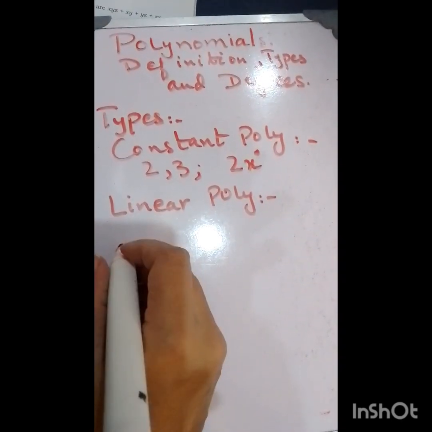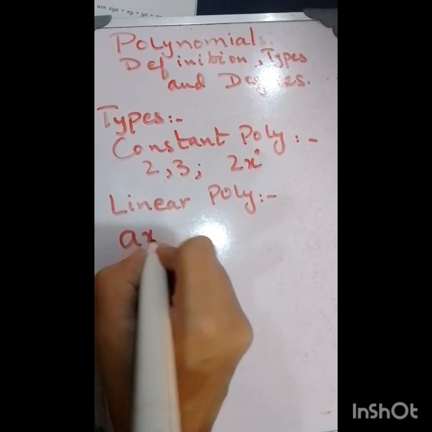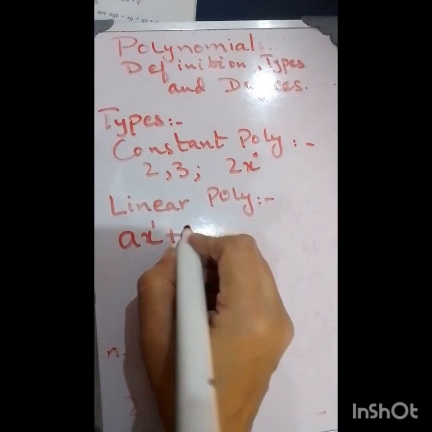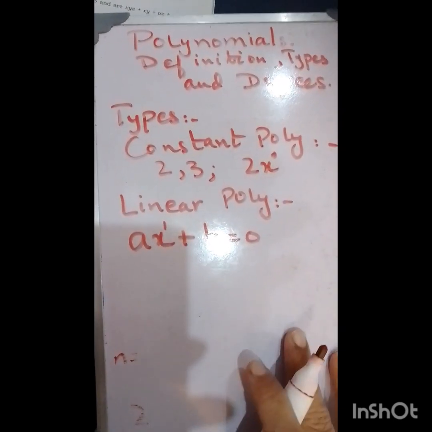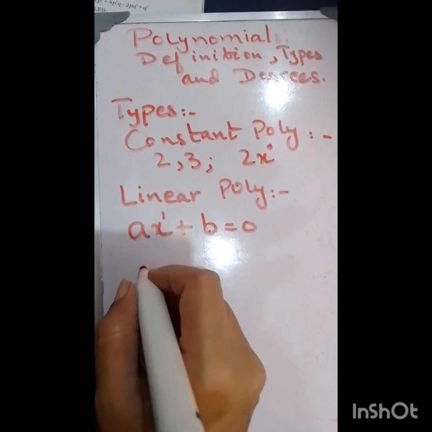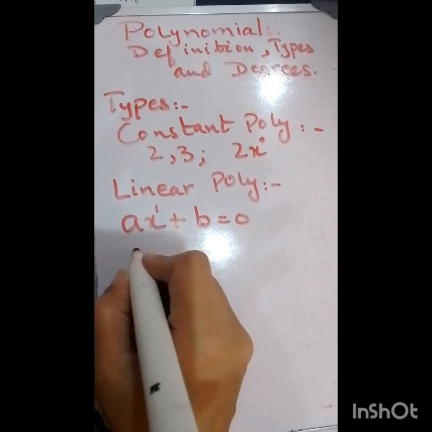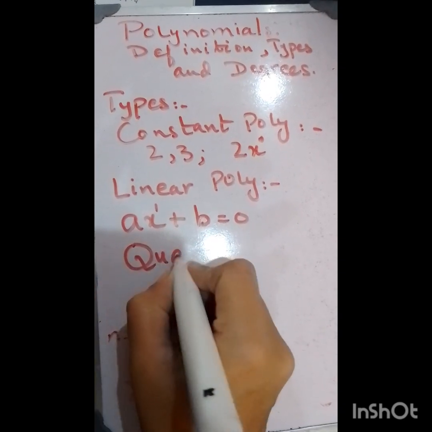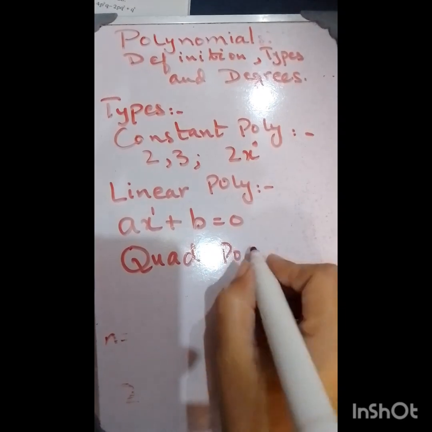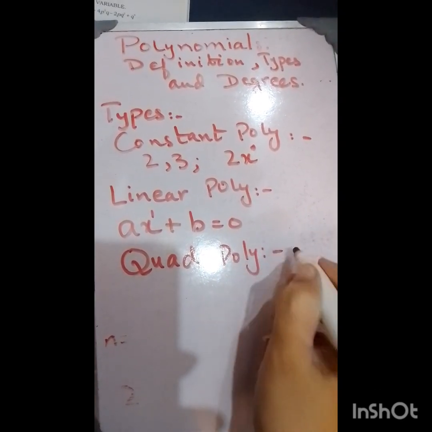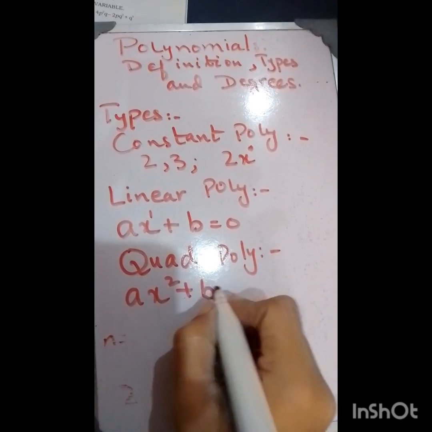In linear we have ax power 1 plus b equals 0. Okay, then we have the quadratic, in which we have ax square plus bx.